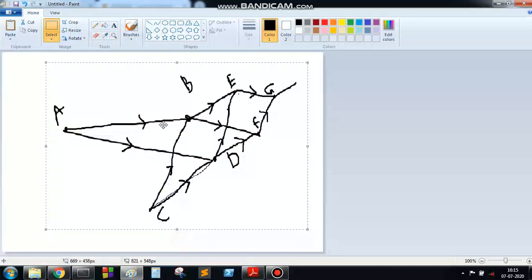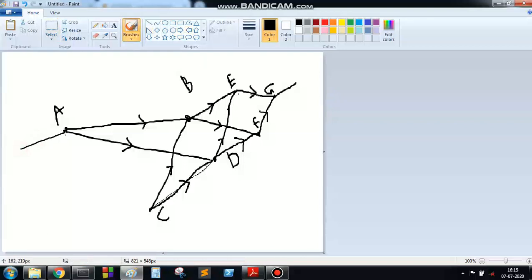Unlike the general graph, in the computational graph in TensorFlow each node, suppose this is node A, must be connected through some input. Each node represents an operation. That means whenever input comes here, after performing some operation, it will split in two ways.